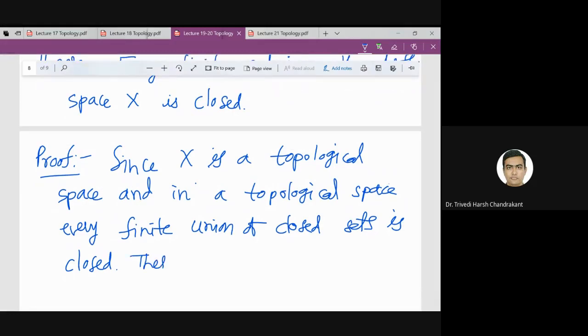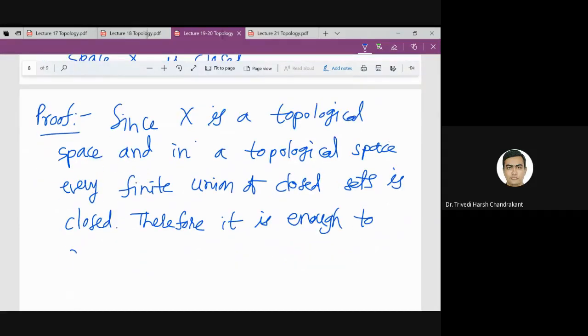So therefore it is enough to prove that a singleton is closed.